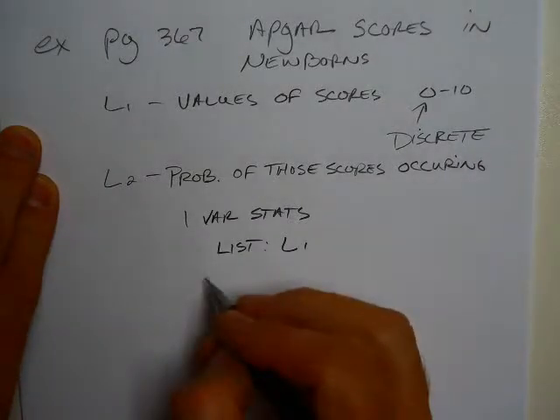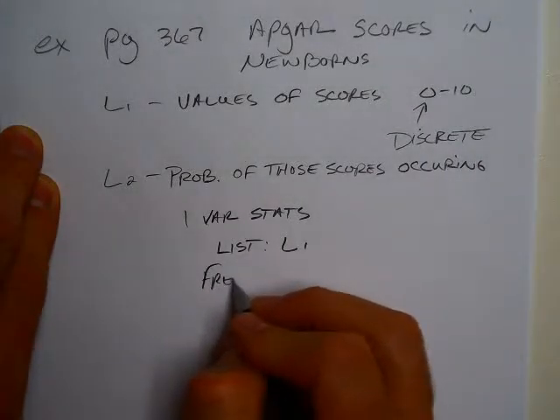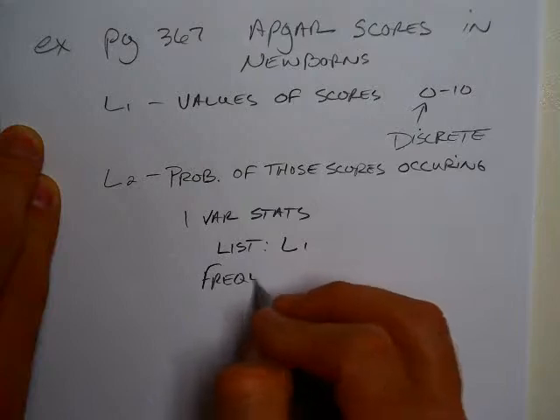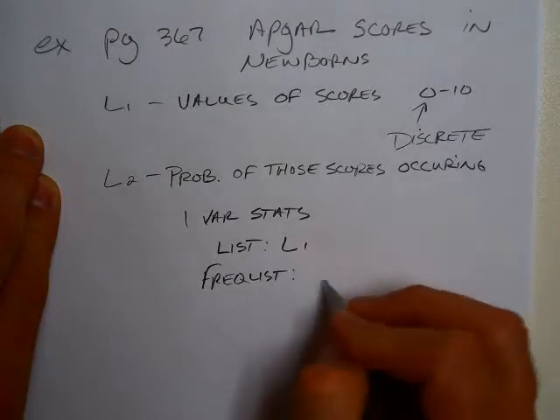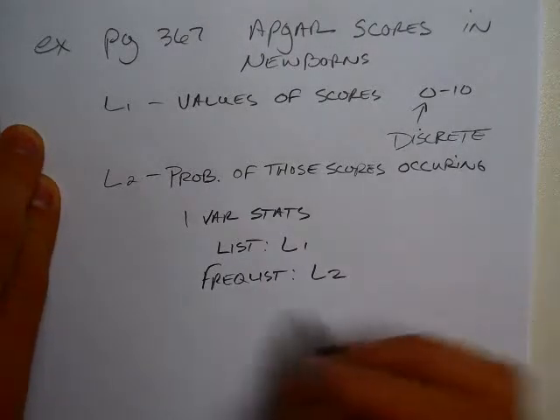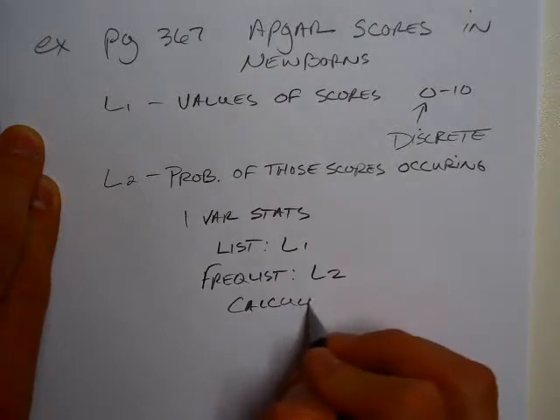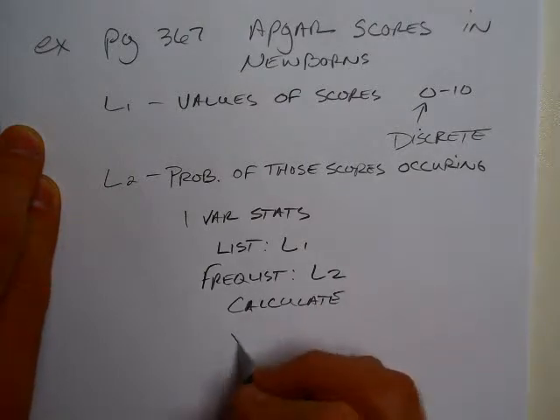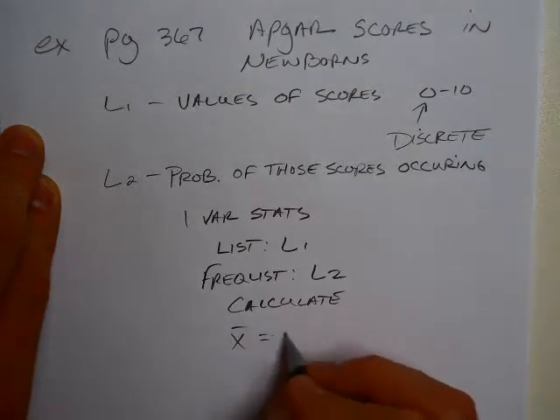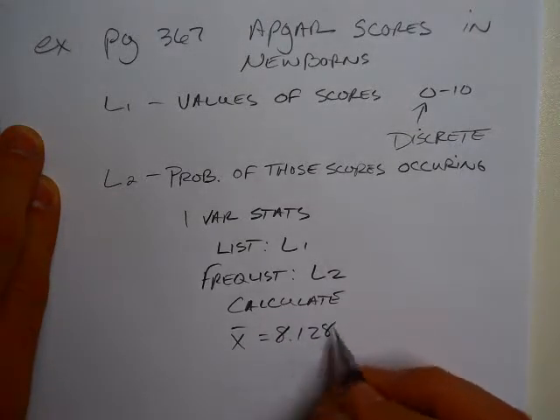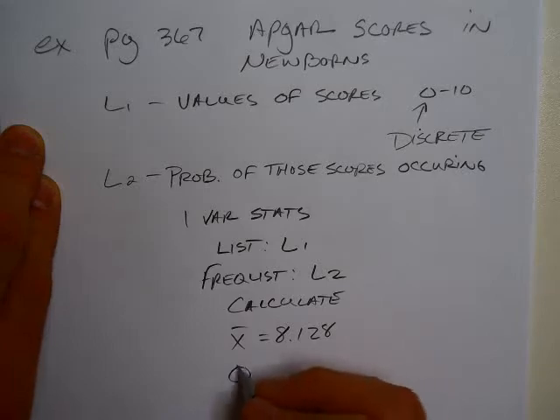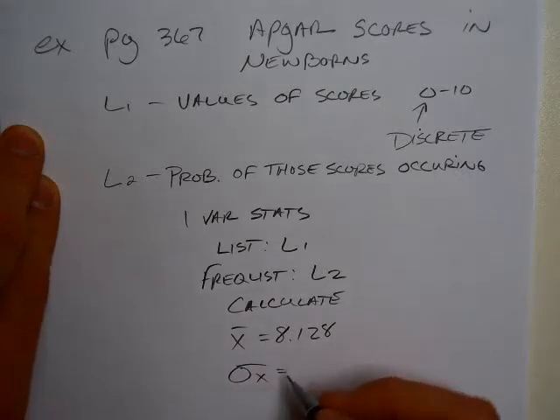Our frequency of the list is L2, and then we calculated. And we got X bar is about 8.128, and sigma X about 1.44.